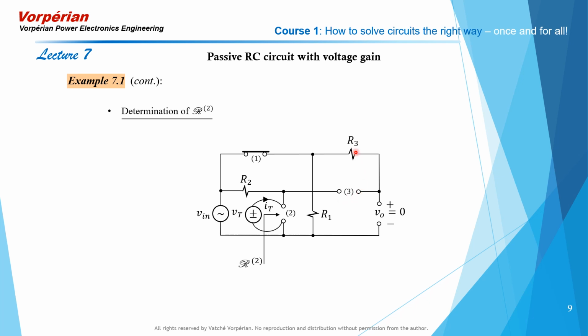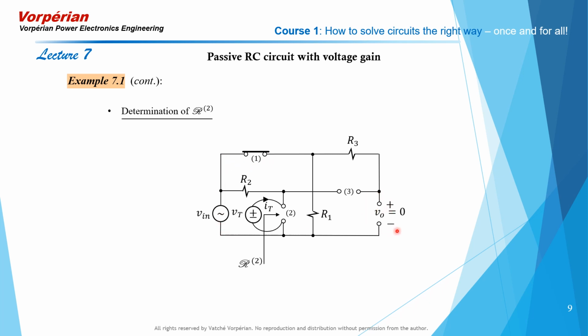Now, as before, R3 is looking into an open circuit, which means that there is no current flowing through it, which means that V0 appears directly across R1 as before. When you null, the voltage Vin must be set equal to 0 to achieve that null, since the voltage across R1, in this case with port 1 short, is the same as the input voltage.